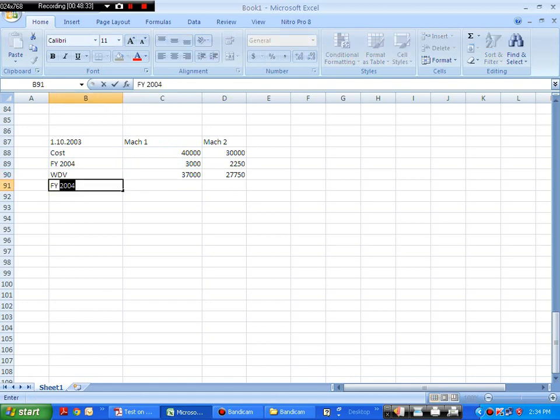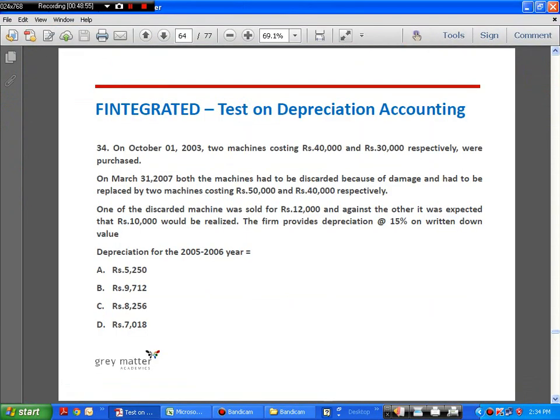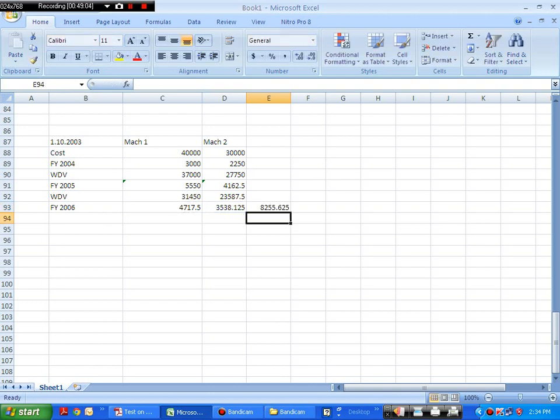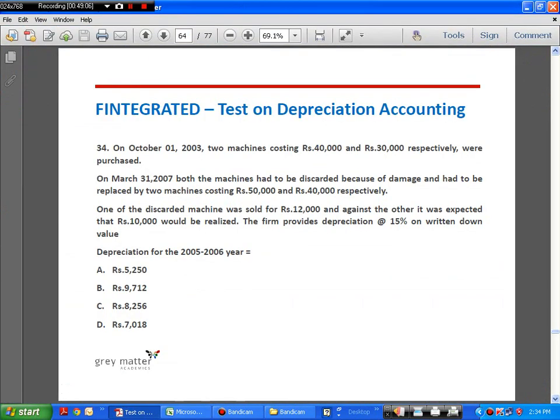Next, for FY 2005 it will be this into 15%, and the WDV becomes this. So FY 2006, that's what we are required to find out. Depreciation will be this into 15%, and the total charge will be this plus this. Okay, so 8256 is the answer.